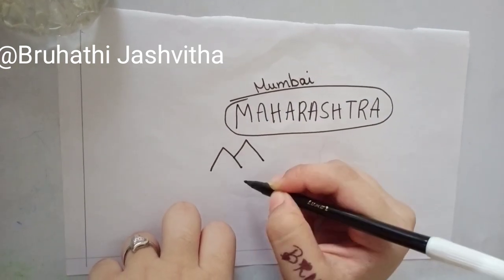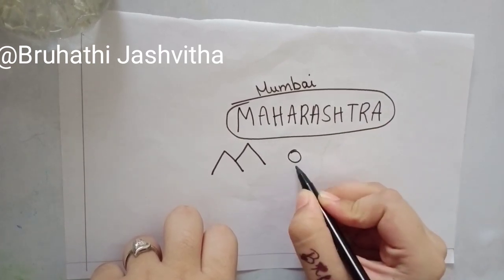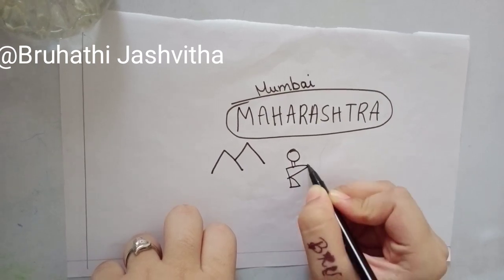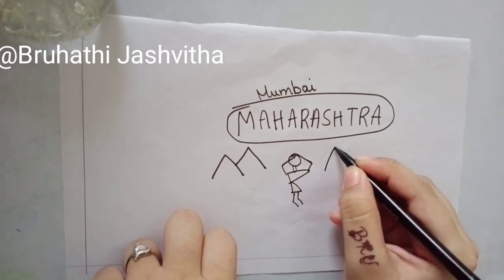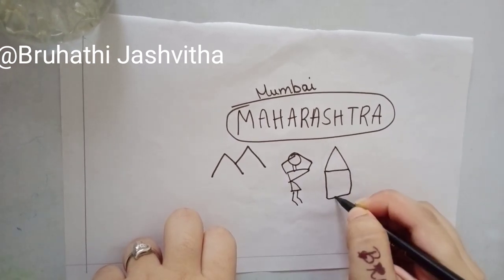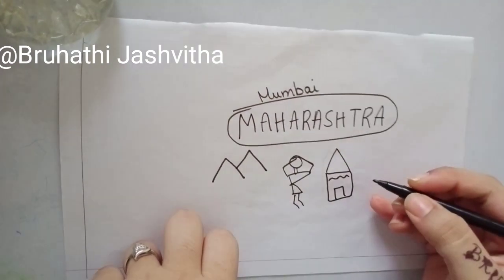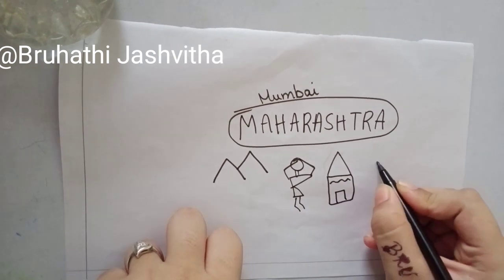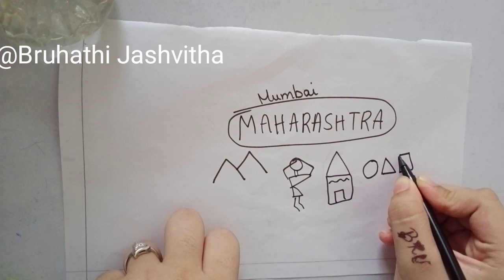There was a mountain range called the Northern Sahyadri Range. The people there lived in mud houses. They painted on walls. The paintings they did were in the shapes of circle, triangle, and square.